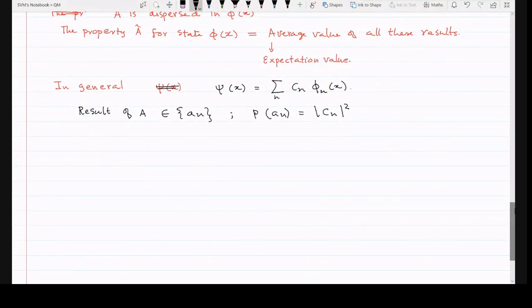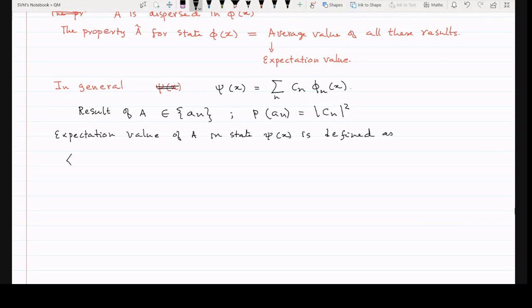So the expectation value of A in state psi of x is defined as, we denote it as A within angular brackets like this, and that is given by the inner product of psi of x and A acting on psi of x.